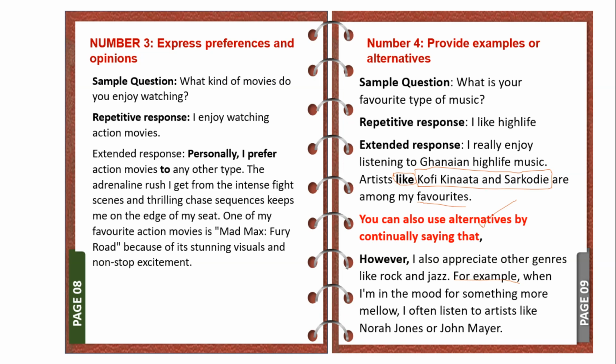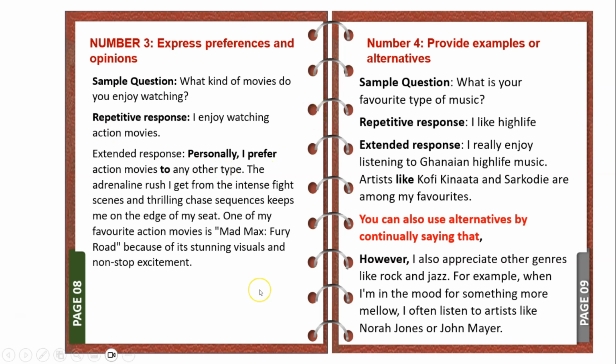I often listen to artists like Norah Jones and John Mayer. All right, so these are some of the ways that you can use to extend your answers using examples and alternatives. And I believe that if you keep practicing them, right, you study them, you practice them one after the other, there is a very high tendency you achieve the score that you need.